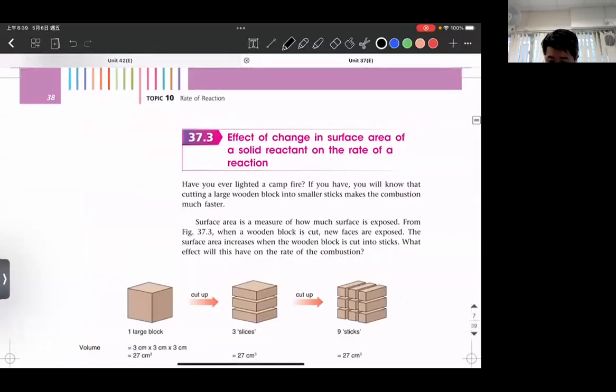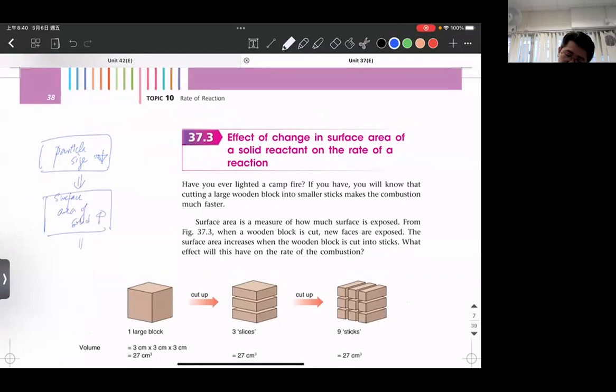Now this is one. So first of all, a very important concept about the particle size and surface area. As I just said before, if particle size is smaller, which means that the surface area of the solid is higher, the rate of reaction will become higher.